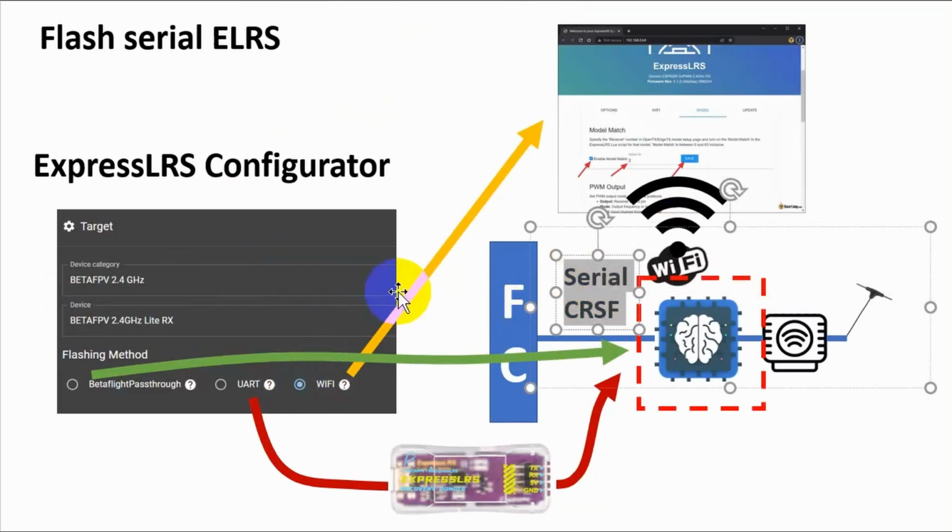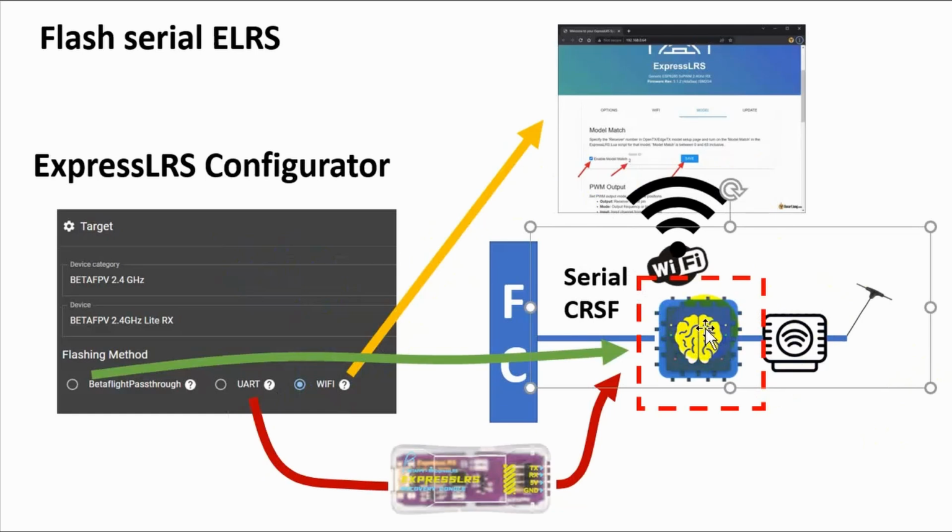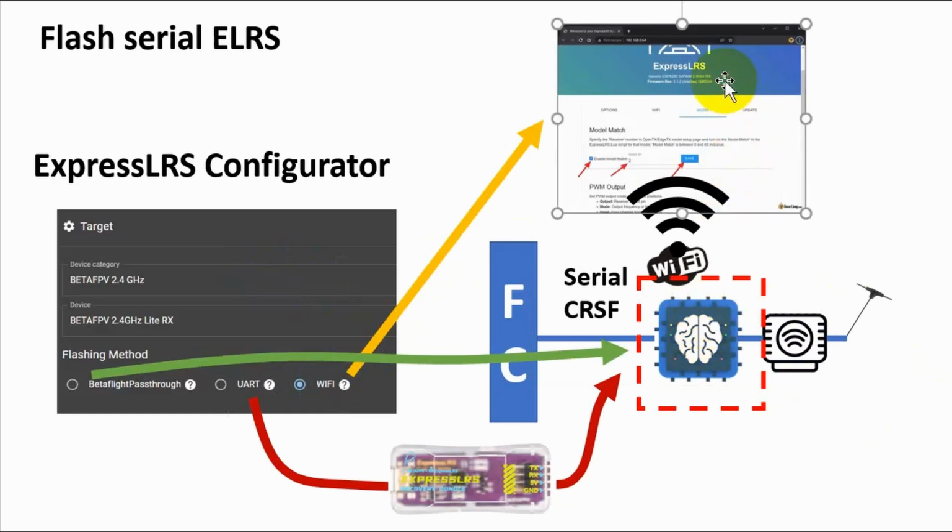If you follow the recommendation of the ELRS team and use Wi-Fi, then in ExpressLRS Configurator we build the binary, then we switch the ELRS device to Wi-Fi mode, so we turn it on and wait for 1 minute, and it switches to Wi-Fi and opens a Wi-Fi connection point that we can connect to get this web interface and put this binary file here, and it will be flashed.